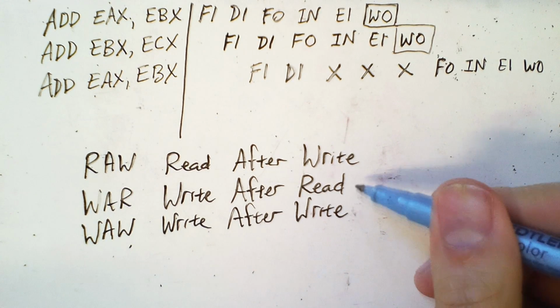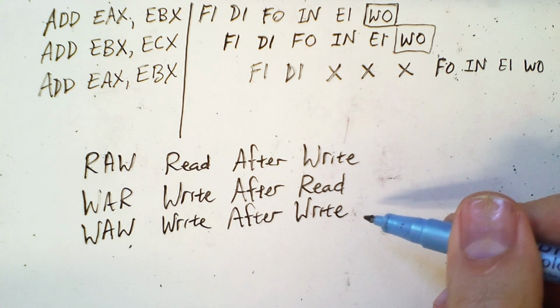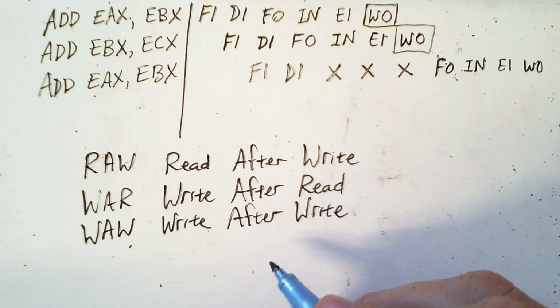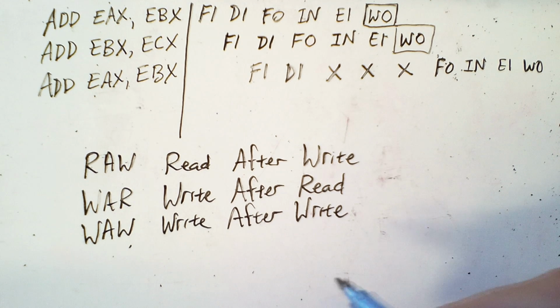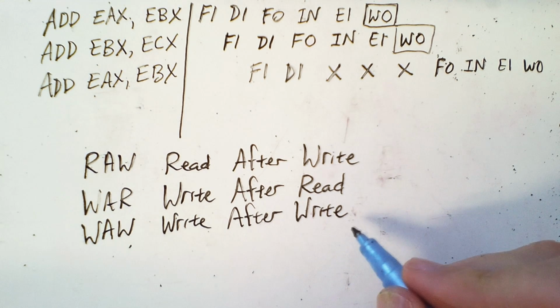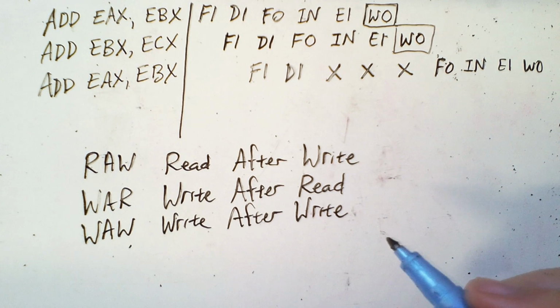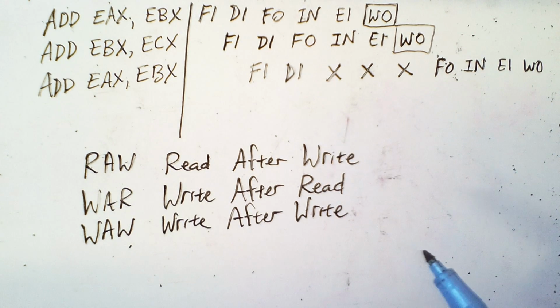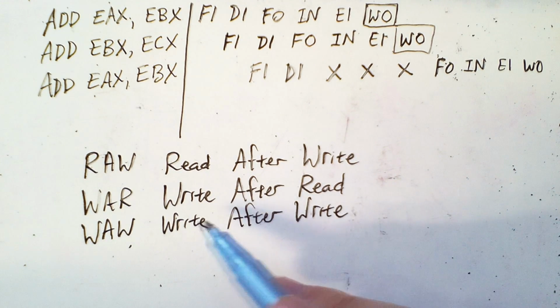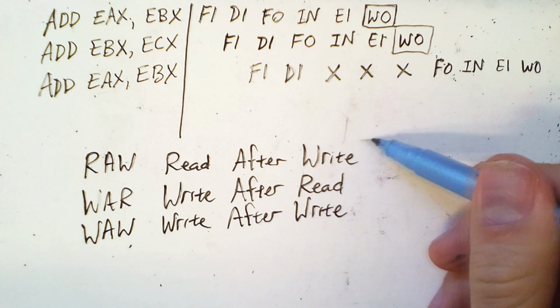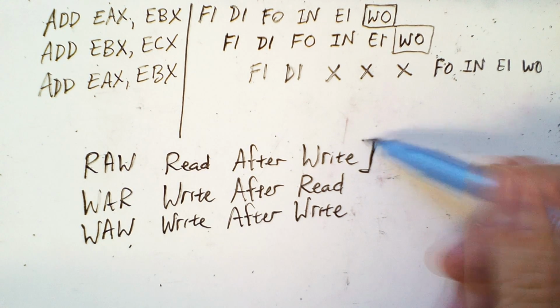But these are usually not a big problem. A write after write means that you can modify a register and then modify it again, but usually only the final value written matters anyway. So this is really only a problem if you have variable length instructions, which can happen in some pipelines, but not in any examples that I'll show. Similarly, write after read problems are also rare. So we're mainly going to be concerned about read after write data hazards.